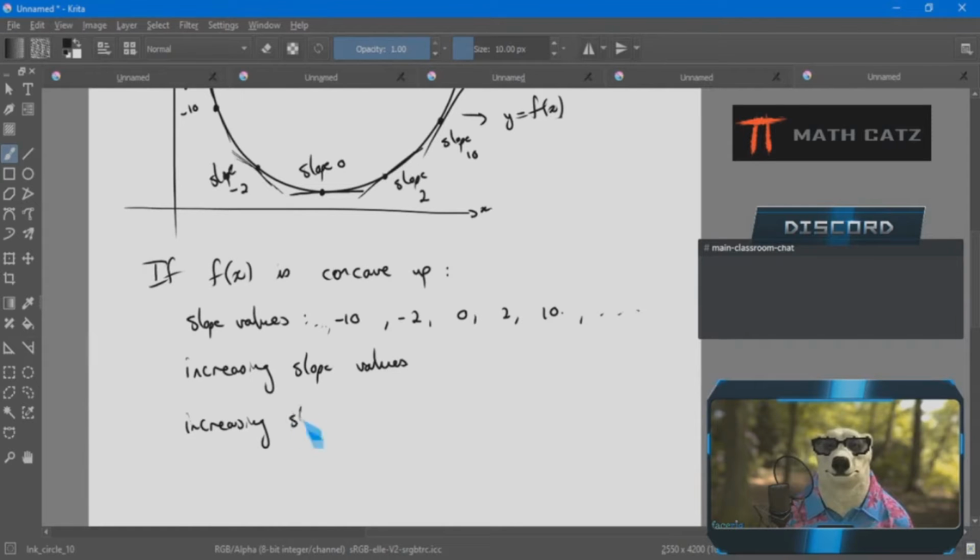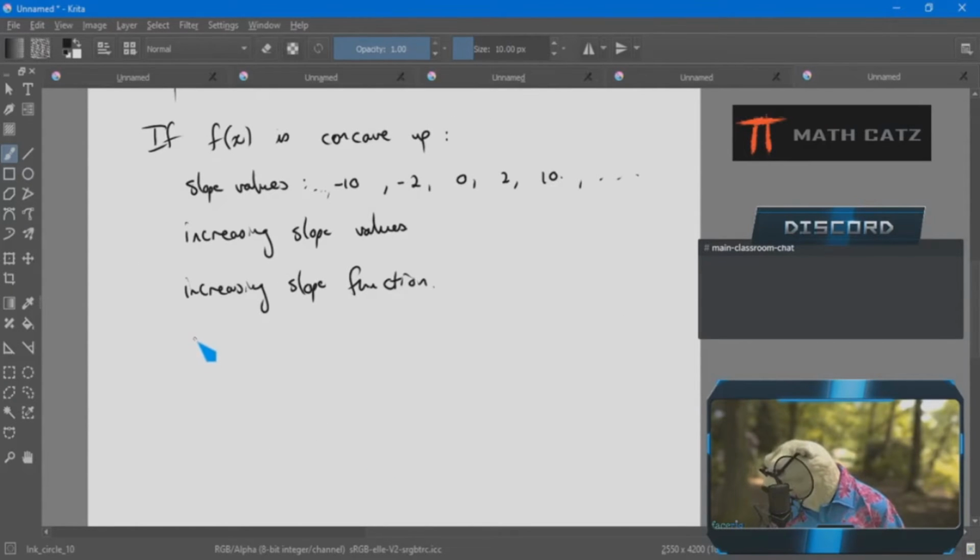The function that gives me these slope values will be increasing. And what function gives me slope values? It is, of course, the derivative. So the derivative of the function f is an increasing function.